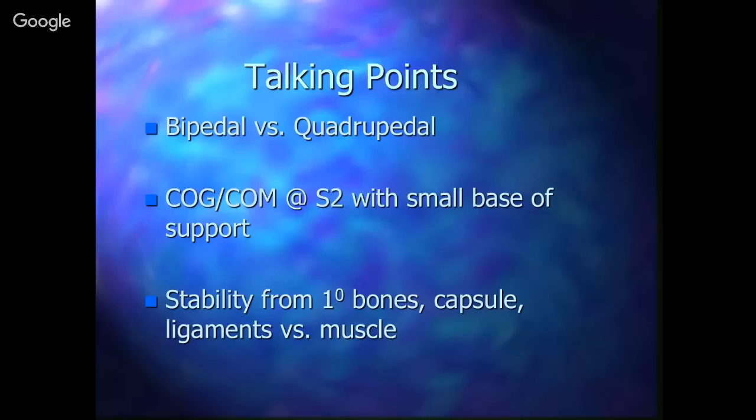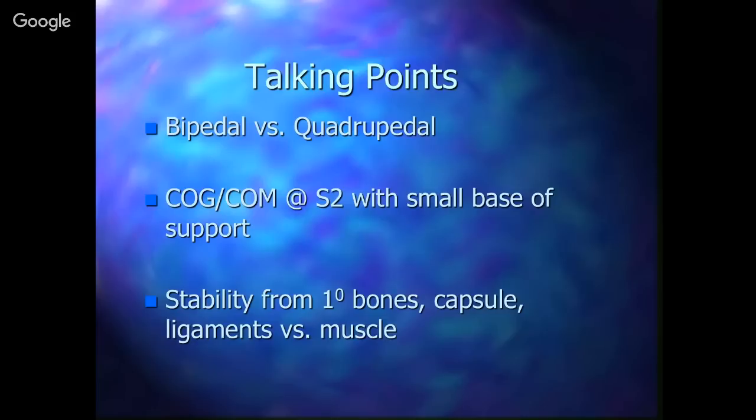Well, hopefully you were thinking the former here, that you would want your stability to come from bones, capsule, and ligaments over muscle. And this goes back to the earlier talking point of how do we define optimal posture. One of the definitions came from the notion that we would want to be most energy conserving. To have energy conservation comes in the form of not using skeletal muscle.